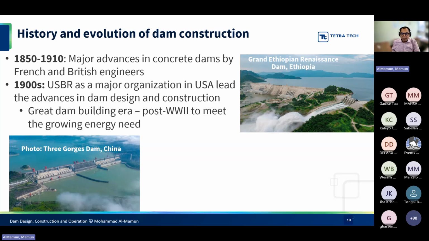And then I think the main dam building era, in my view, is actually post-World War, between the 50s, 60s, and 70s. I think that's when there was increasing industrial development in all these countries in Europe and North America. To support that development, we needed a lot of energy, and hydropower particularly was dominating lots of dam construction.